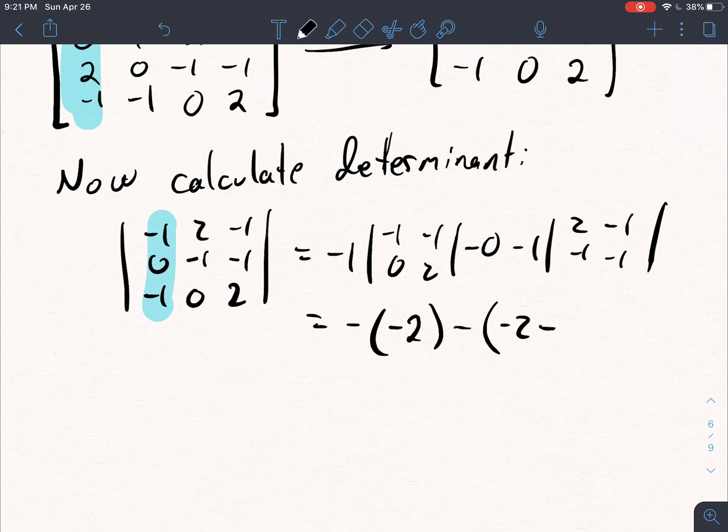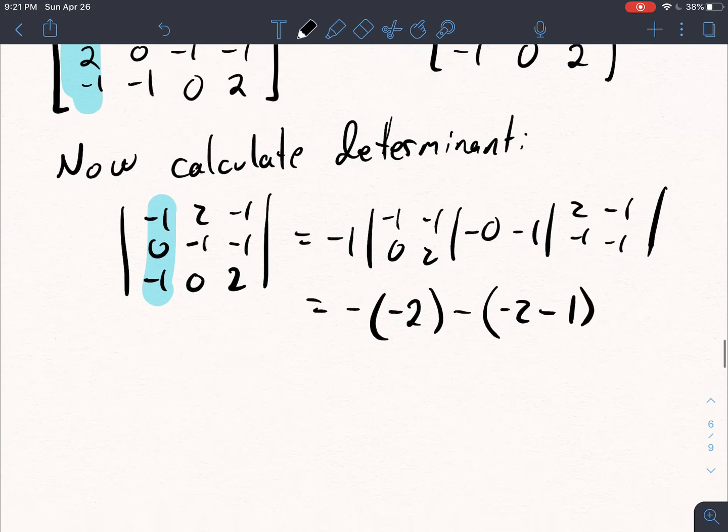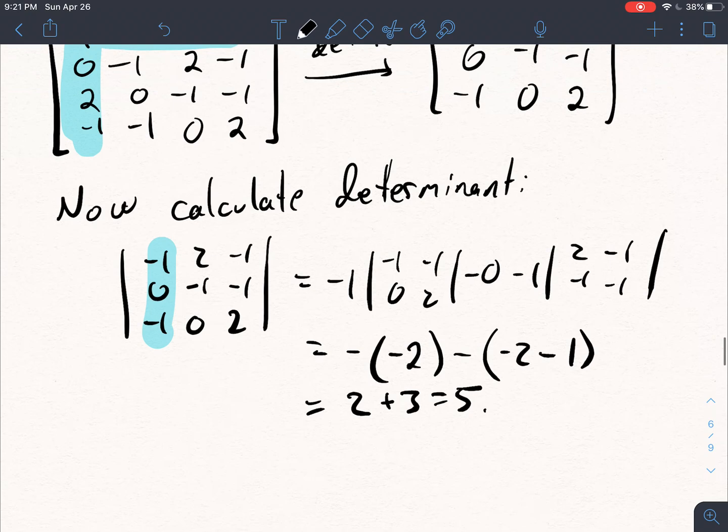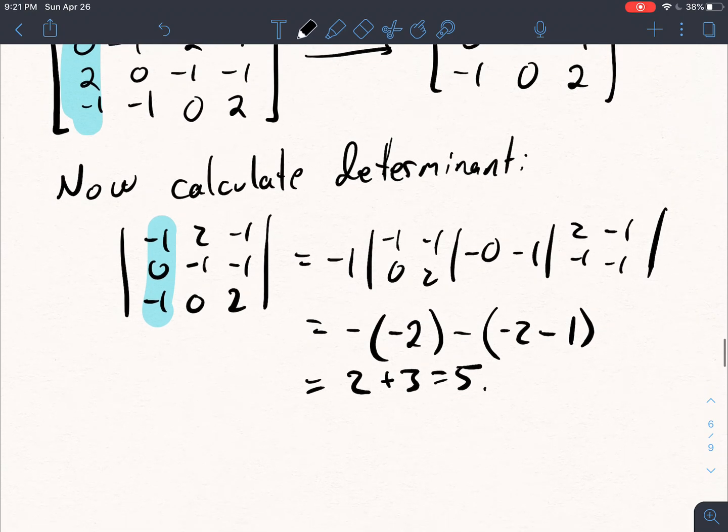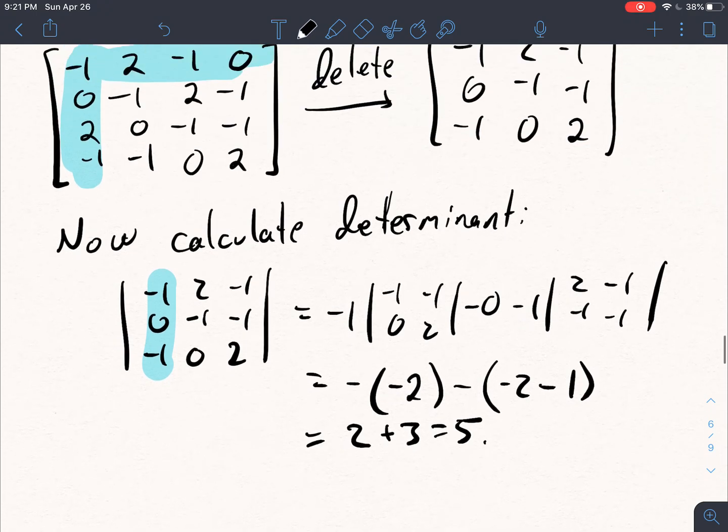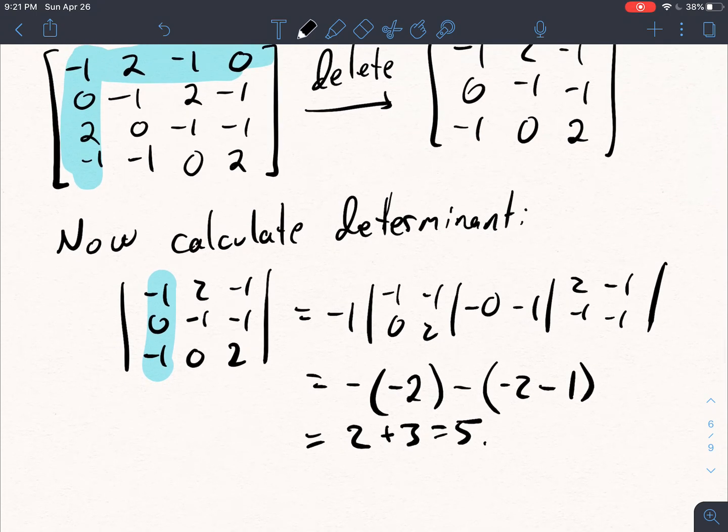And then this will be -2 minus 0, and then minus, this is -2, minus -1 times -1 is +1. So this is equal to 2 plus 3, which is 5. So the determinant of this matrix was 5.